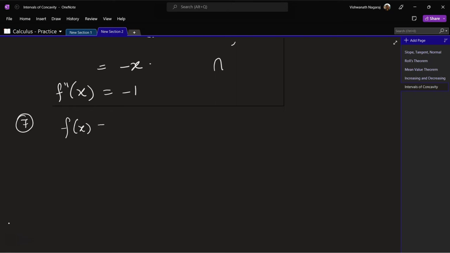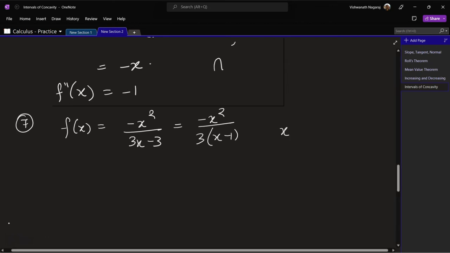So f of x is equal to minus x square by 3x minus 3, which can be written as minus x square by 3 times x minus 1. Now, the moment you see an x in the denominator, you need to be careful.